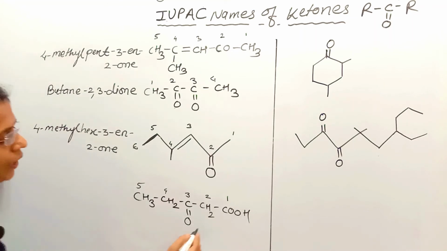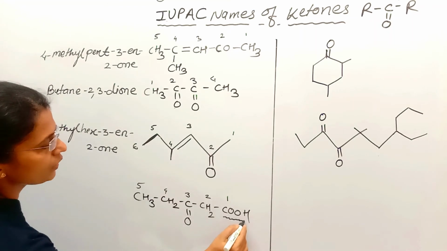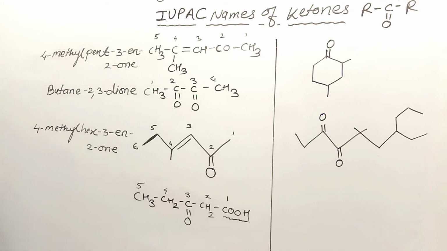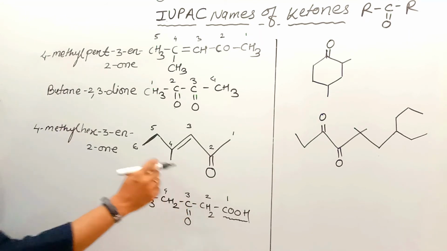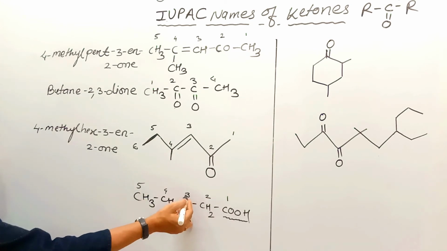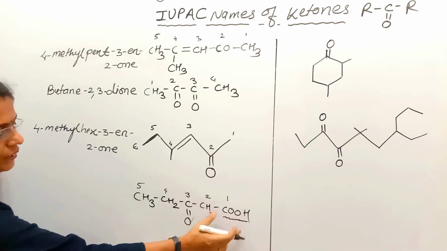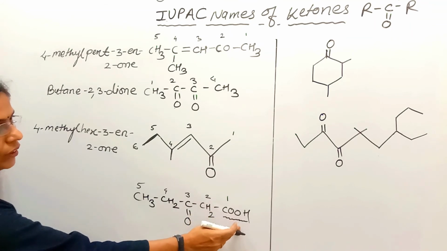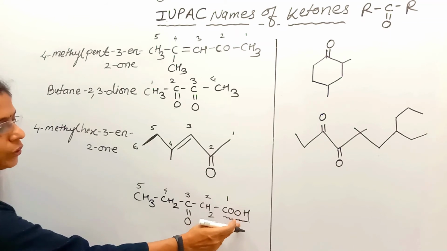As the higher priority group is COOH, this CO will be treated as a prefix, oxo. Note it very carefully. This is a group of lower priority and this is a group of higher priority. So I will name on the basis of the higher priority group.